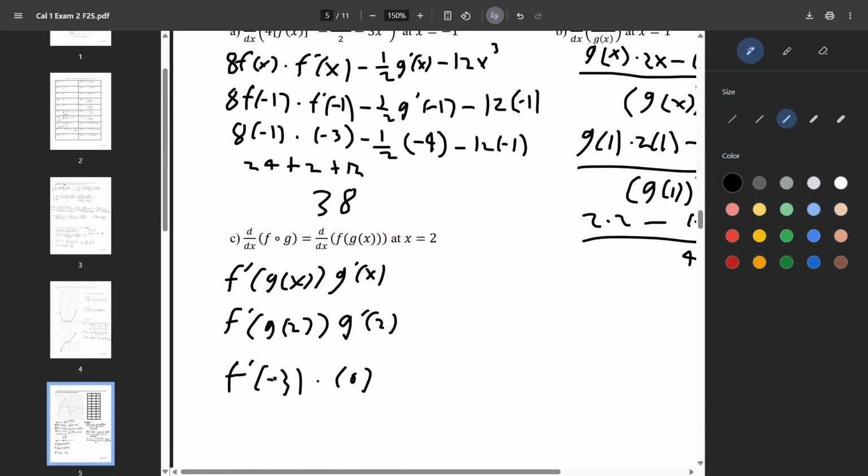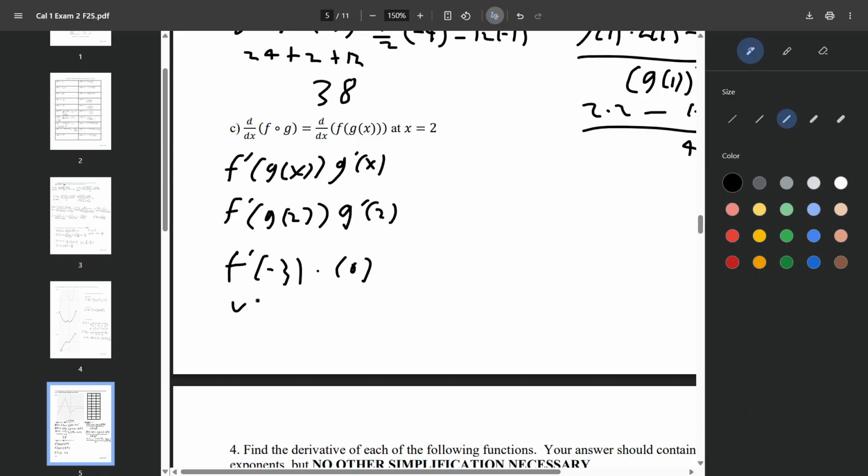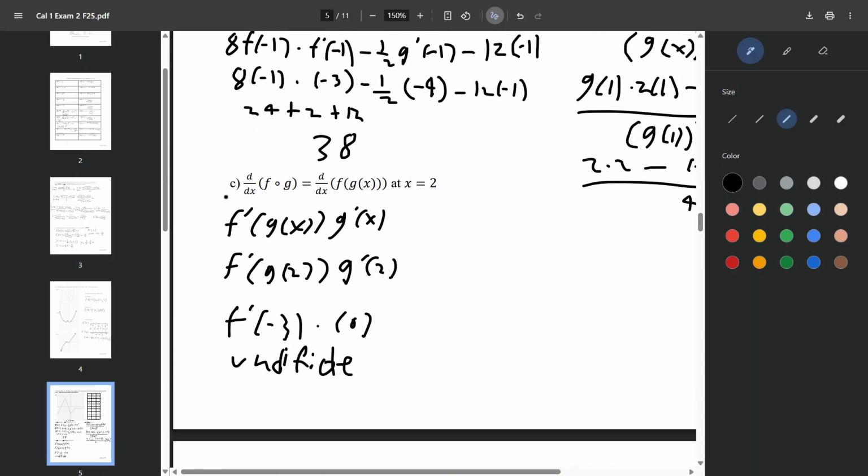So f prime of negative 3 is undefined. So our answer for C is undefined.